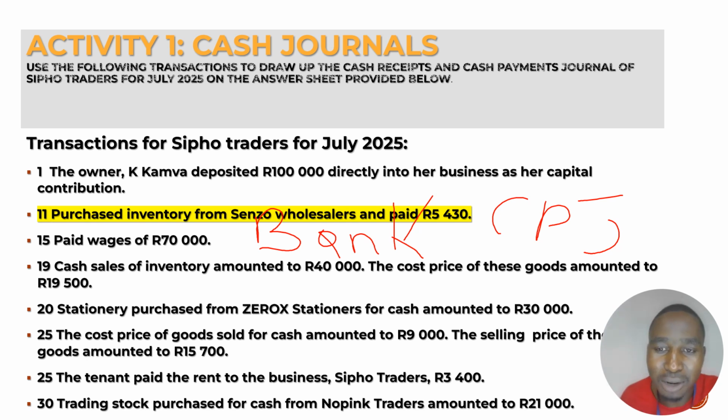So it means that money went out of our business bank account. Now the second account affected, ask yourself, what are we paying for? Oh, we are paying for inventory. So the second account affected will be inventory. Now you know your two accounts affected and you know which journal you should write to. So let's go and record.